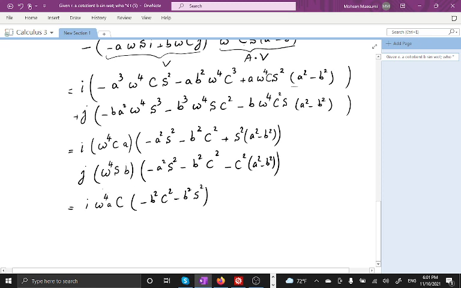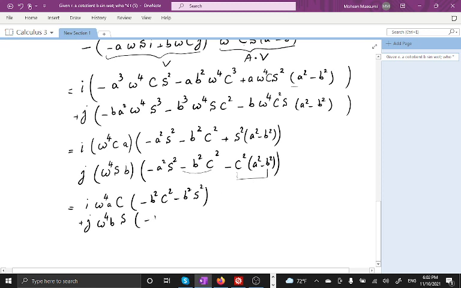That's nice. From the second expression, I have j omega to the 4 b s. So again, I have minus b squared c squared, and this plus b squared c squared are going to cancel each other out.